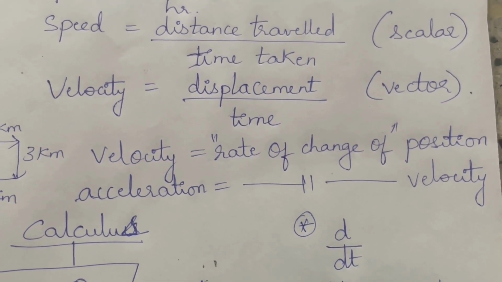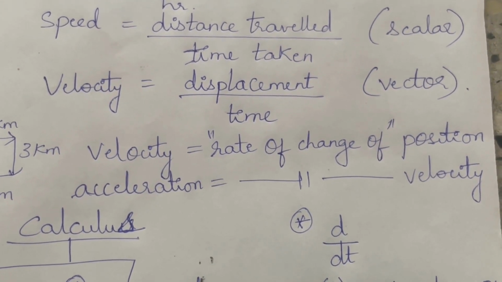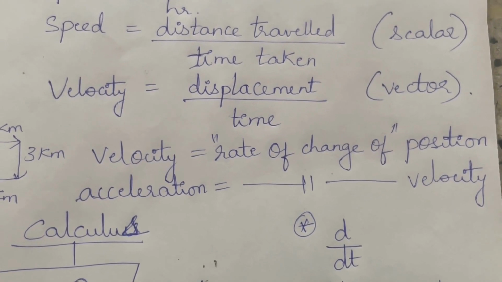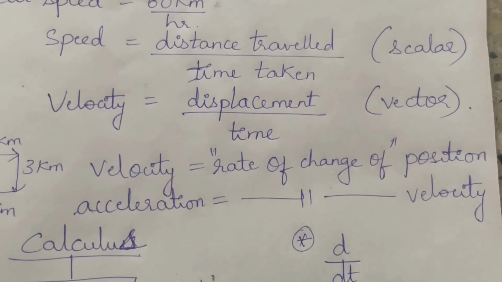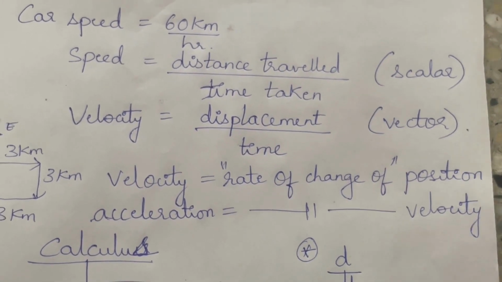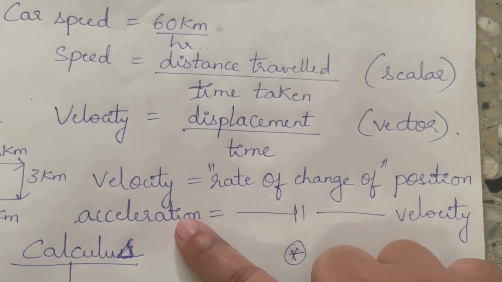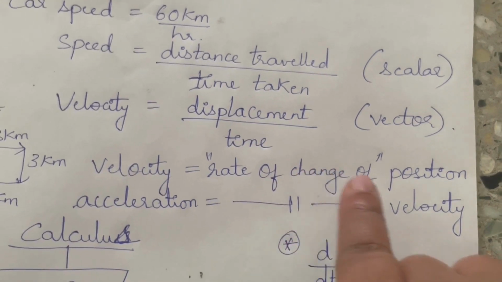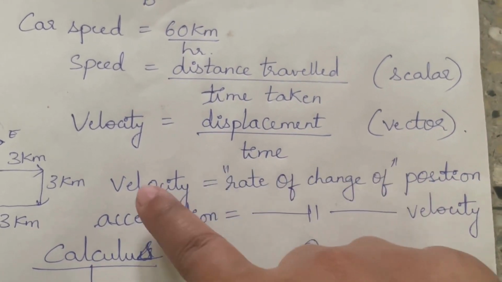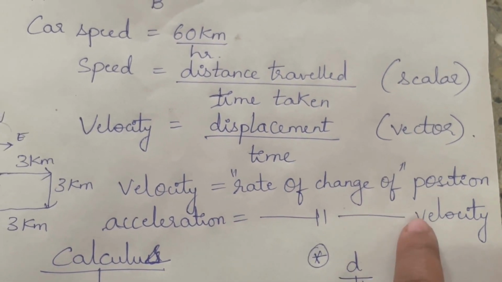Then again it changed another 10 km per hour. So that is from 20 to 30. So every hour it is changing 10 km. So we see that acceleration is rate of change of position, again the change of this velocity we are seeing in acceleration.